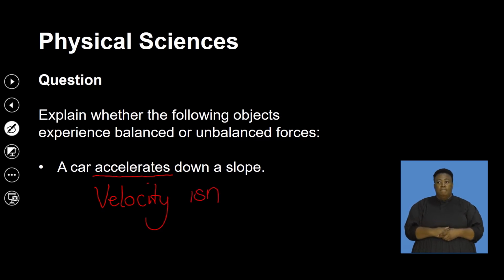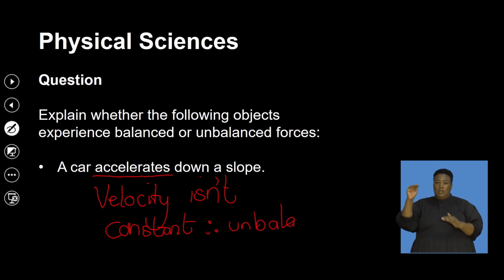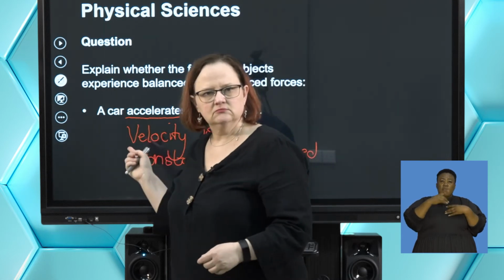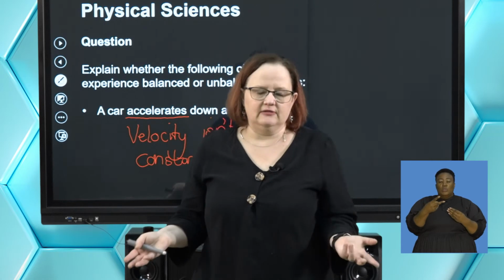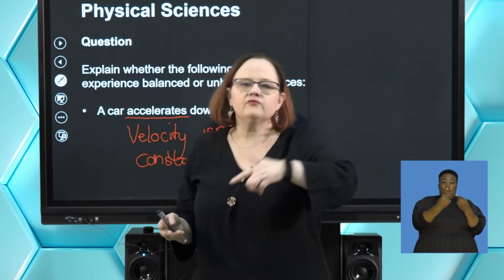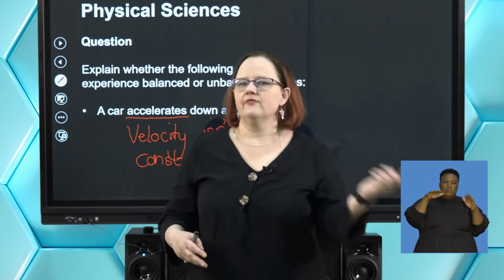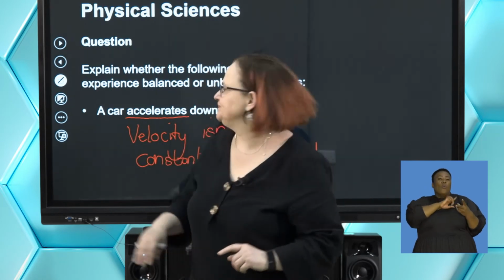Therefore, unbalanced forces, okay? So basically what it means for us is that when I ask you to explain, you've got to give me a reason for your answer, okay? This would be worth 2 marks. 1 for being able to know that they're unbalanced, and then 1 for telling me why they're unbalanced, okay?